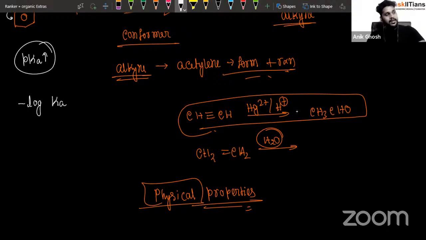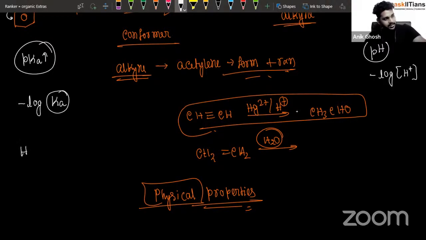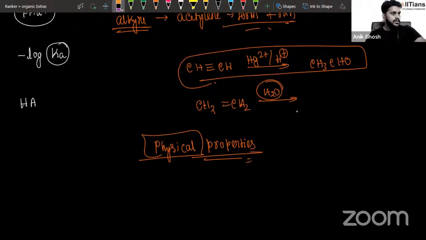How would you remember that? You have heard about pH. What is this? Negative logarithm of H plus concentration. So pKa would be the negative logarithm of Ka. Now what is Ka? It is the acid dissociation constant. Let's say I have an acid in the presence of water.